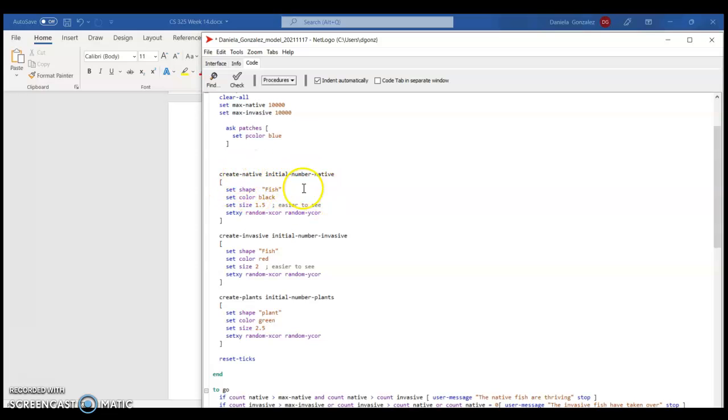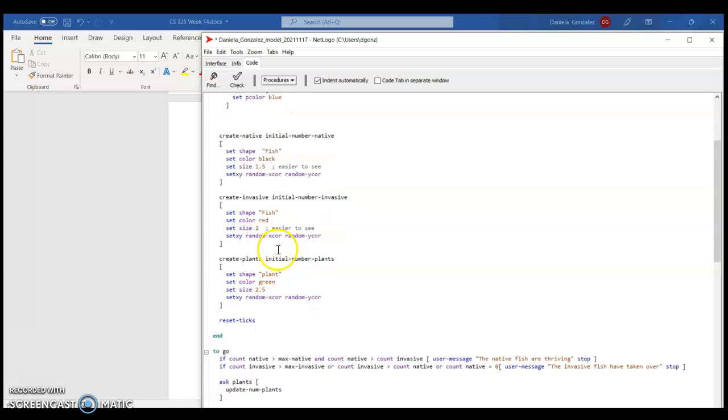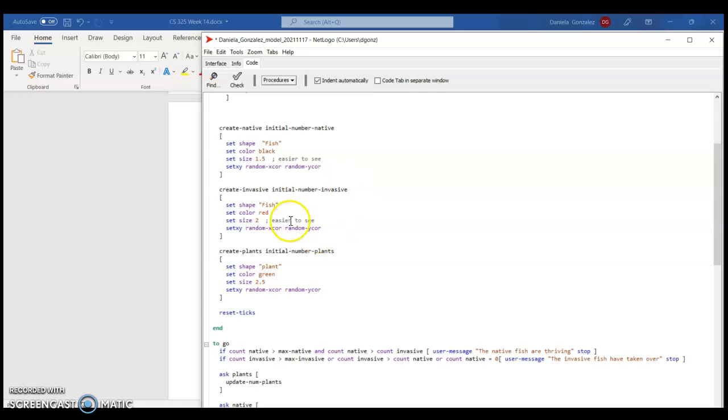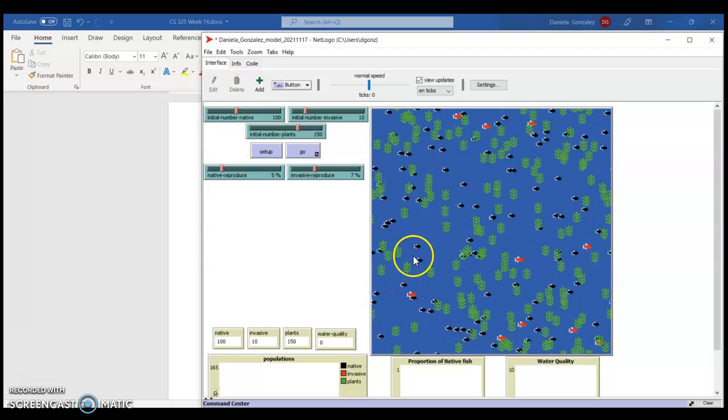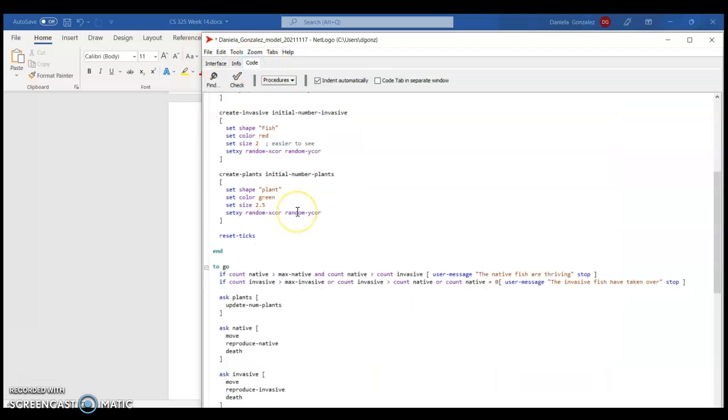And then we're also going to set those shapes: fish for the native and invasive, and then their color: black for native, red for invasive. And then, like I said earlier, invasive are slightly bigger than the native fish, and both of those are just randomly placed anywhere in the view, the model over here that we have.